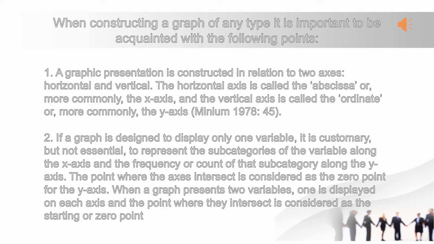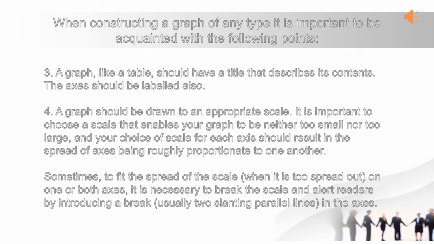When a graph represents two variables, one is displayed on each axis and the point where they intersect is considered as the starting or the 0 point. That's how you take note of the x-axis versus the y-axis.